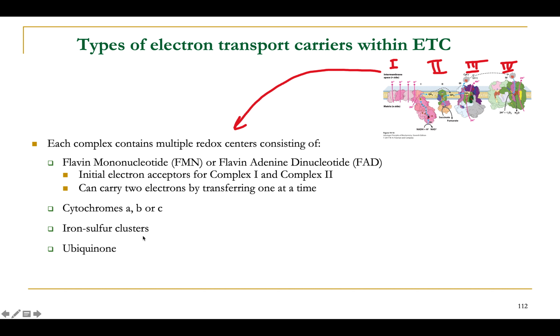The iron-sulfur cluster electron carriers are the largest and most abundant class within the electron transport chain, are present within various components of the respiratory chain, and have a vast variety of affinities for electrons. And the last, fourth standalone class is ubiquinone, which we have already discussed.